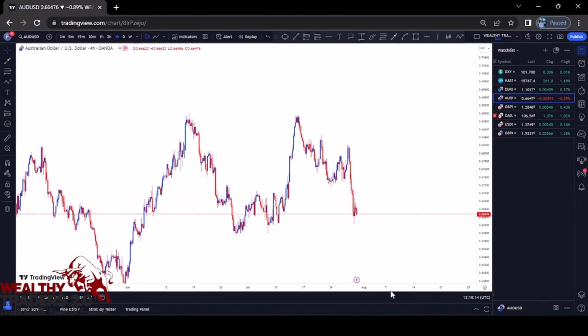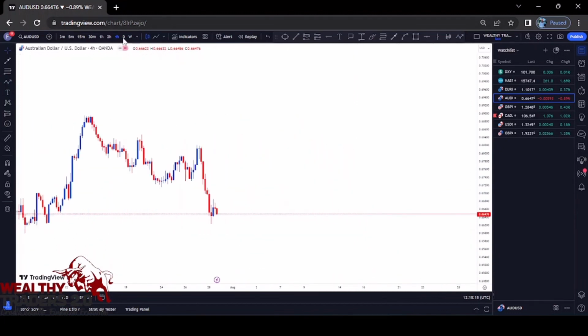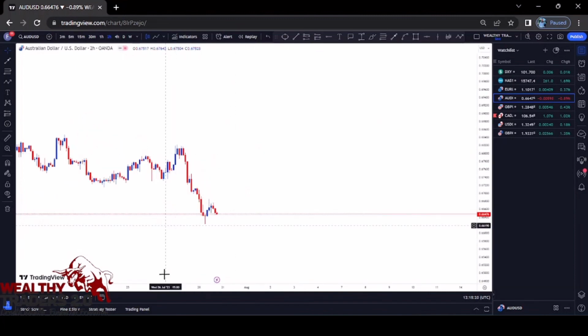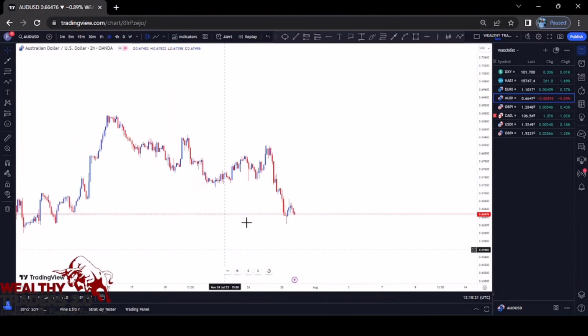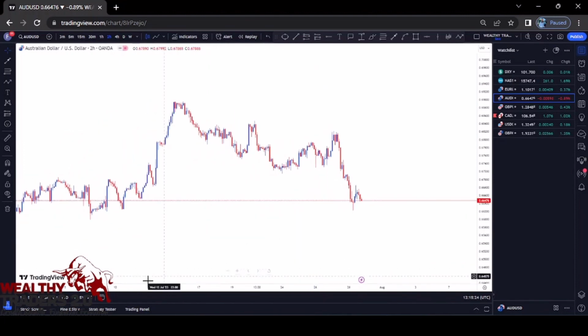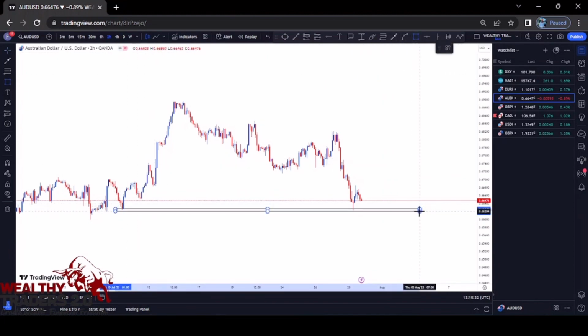So meaning now, what am I going to be doing? I can just go to my 2-hour. Based on the knowledge that I have on my DXY, I'll decide that around this area, the market might decide to come and test this area.